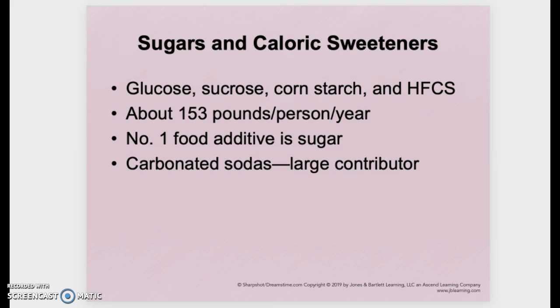Soft drinks alone provide about a quarter of the amount of added sugars that are consumed. There are a lot of questions as to whether fructose being added to foods is causing the obesity epidemic. Could be the case. I think it's more of a combination of things.